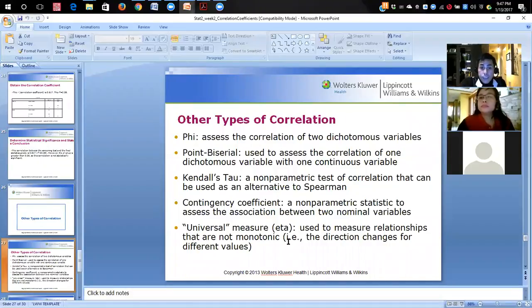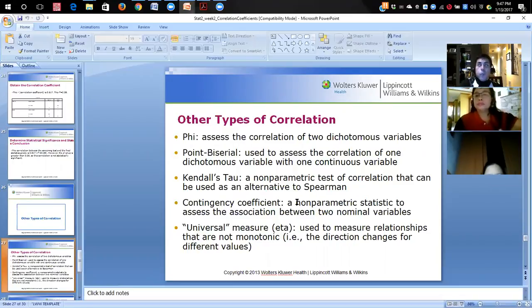The Kendall's tau is a non-parametric test. I sent you all a copy, the PDF of the surrogacy of event-free survival with overall survival.